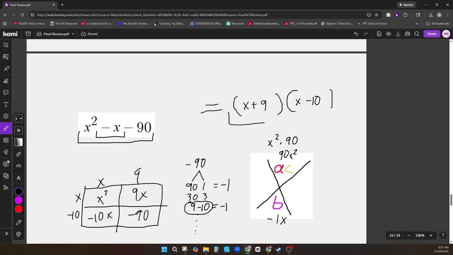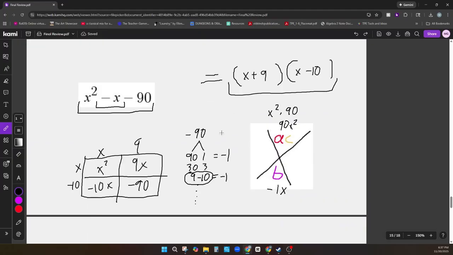Whenever you factor a quadratic, you will know when you're done when you have your two parentheses filled out. It should be usually x plus or minus some number, x plus or minus some number. Your answer must be in this form. If you stop here, even though I can see what you're doing, that's not enough. You must write it back in your equation form using your two parentheses. But that's the long and short of it. That's how we do it.